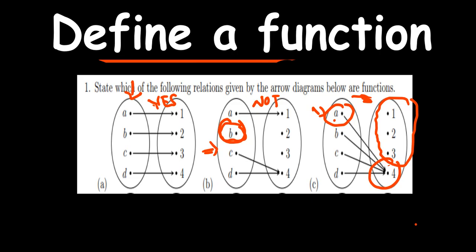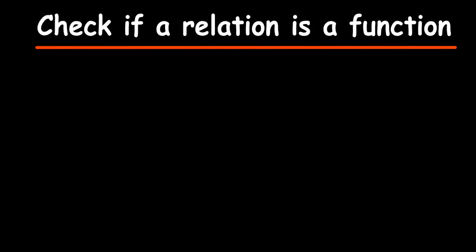All right, so we can now move to talk about how to check if a certain relation is a function. What do you use if you want to check if a certain relation is a function or not?